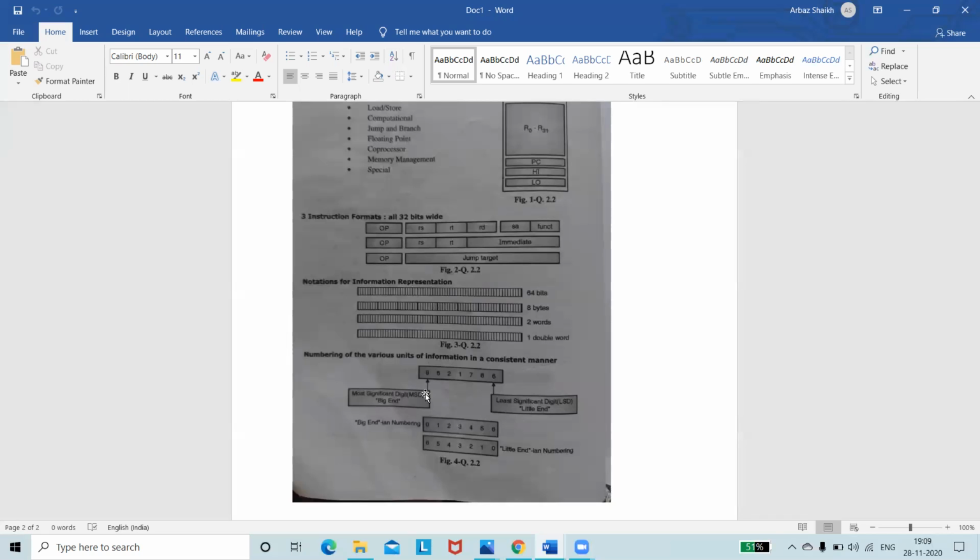Big endian means the most significant digit comes first, and little endian means the least significant comes first. Big endian numbering starts from 0 to 6, and little endian numbering also starts from 0 to 6. These are the instruction set diagrams.